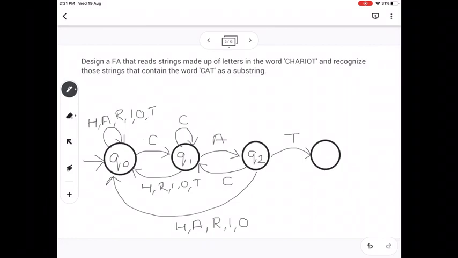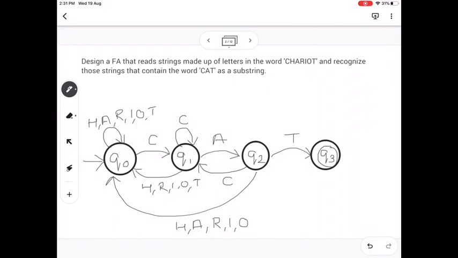Okay, now we are in Q3 state. So we have to try for all the inputs at Q3 state. As we have got CAT by all means, we have reached this state. Okay, so I will mark this state as final state. See, two concentric circles says that this is final state.